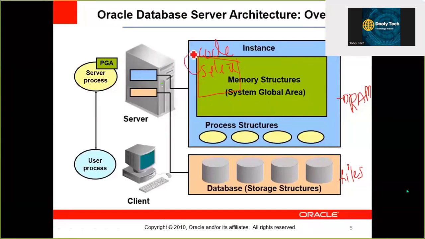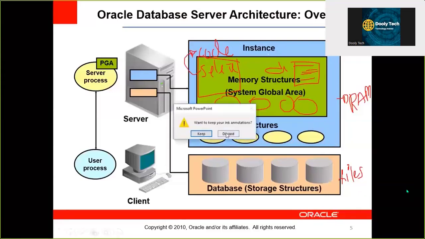Code could be a simple SQL statement, PL/SQL block or Java program. And there has to be a structure to hold data rows. Data is different from code. So we need memory structures for both. We need different types of memory pools for different purposes. That is called memory structure. The instance is made of memory structure and background processes.